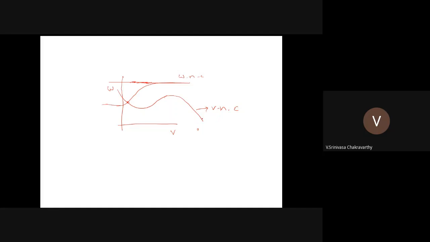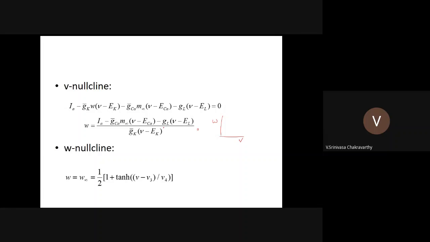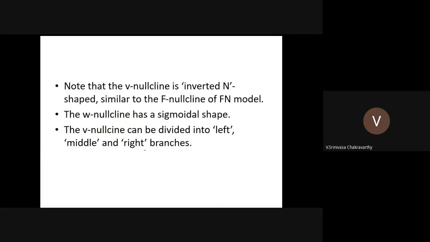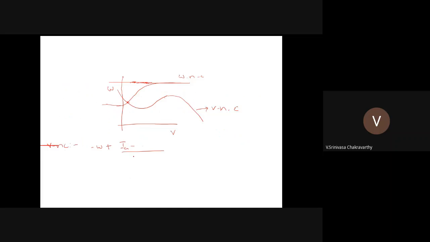If you look at this formula, if you want to do the stability analysis, the V null plane looks something like minus W plus this whole expression, I A minus blah blah blah by G K, etc. Similarly, the W null plane is given by minus W plus W infinity. This whole thing is equal to 0. Okay.